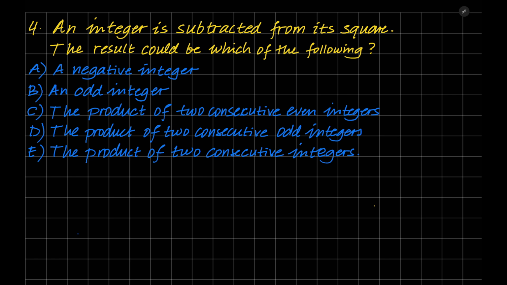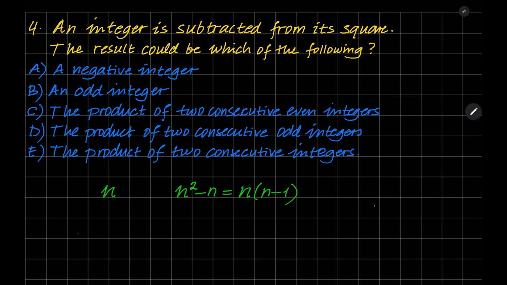Suppose that the integer is n. The result of subtracting n from its square is n squared minus n, which is equal to, let's factor out n, n times n minus 1, which is the product of two consecutive integers, isn't it?